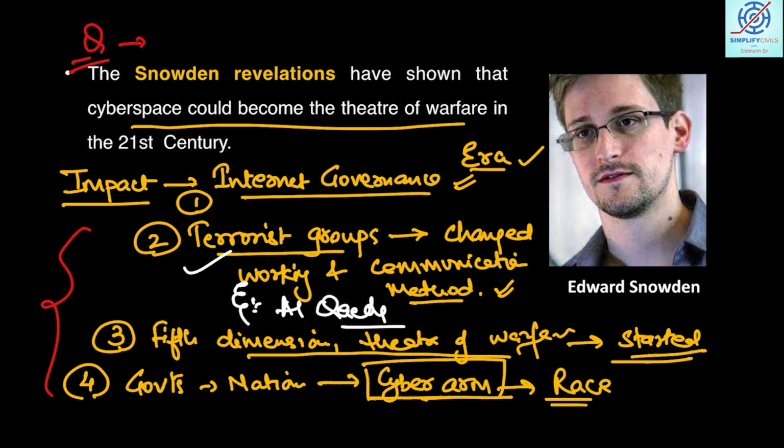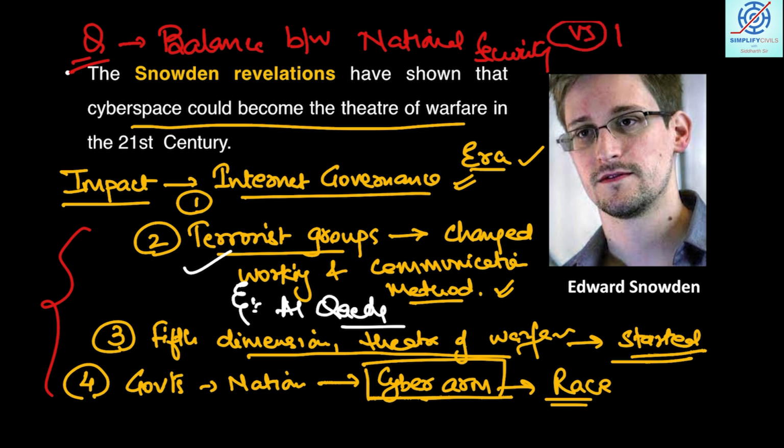So taking this example and understanding the impacts, there can be one question that can be asked to you tomorrow: many a time the government is alleged to do mass surveillance on its people and on foreign people as well. So what do you think, is government secrecy important or not, and what balance should there be, in the name of national security, versus information privacy?